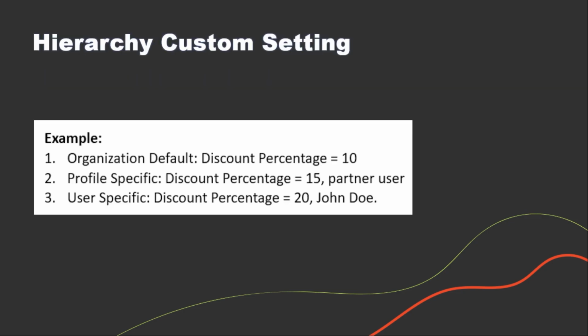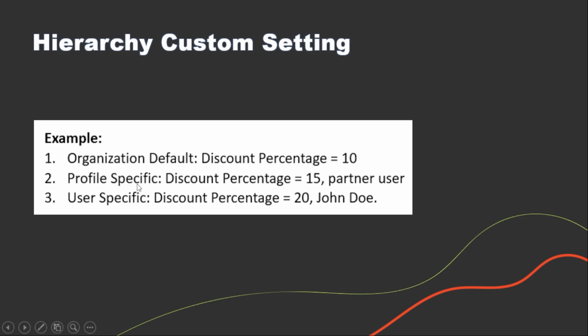Okay, so let's take an example. In an organization, a company uses Salesforce and they have a special discounting offer, right? So for organization default, which means for everyone, normally they will get a discount percentage of 10%, right?